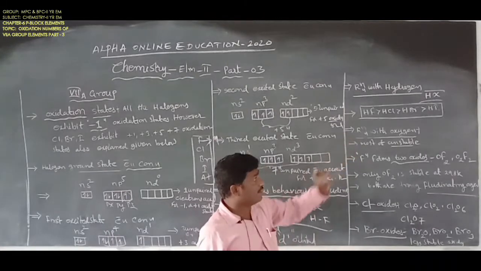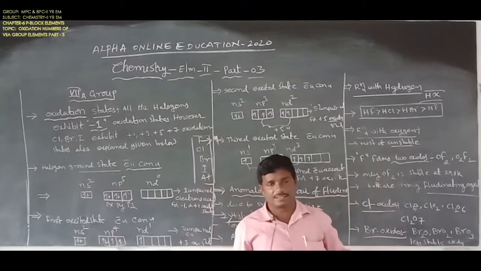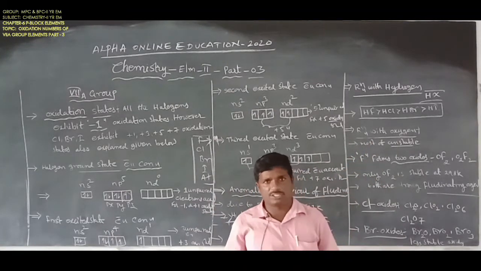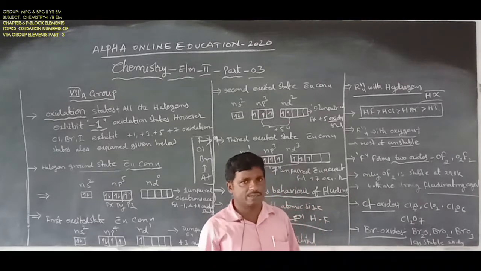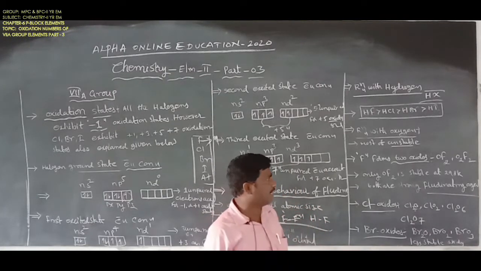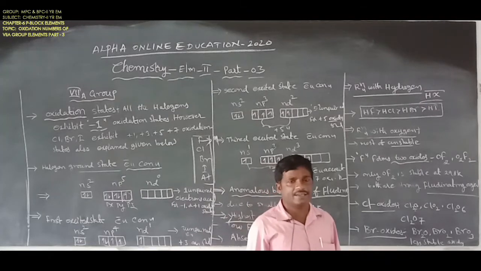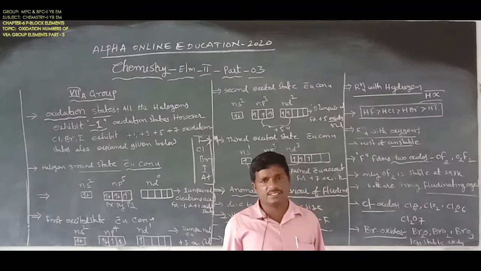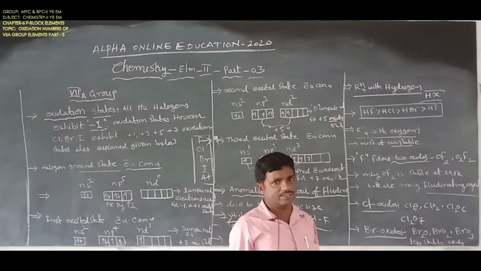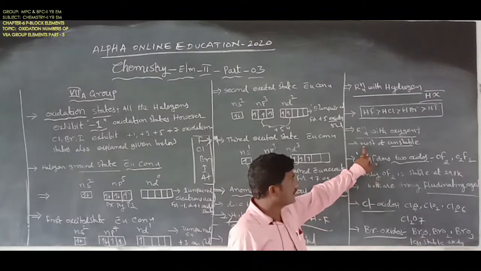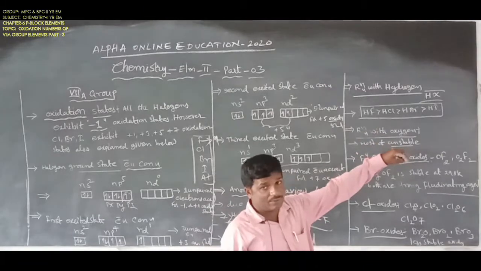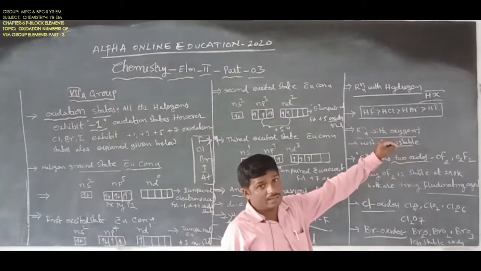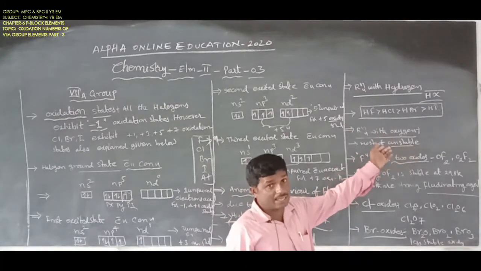The second one is the reaction with oxygen. All halogen elements react or combine with oxygen to form oxyfluorides, oxychlorides, oxybromides and oxyiodides. Most of the oxyhalides are unstable.